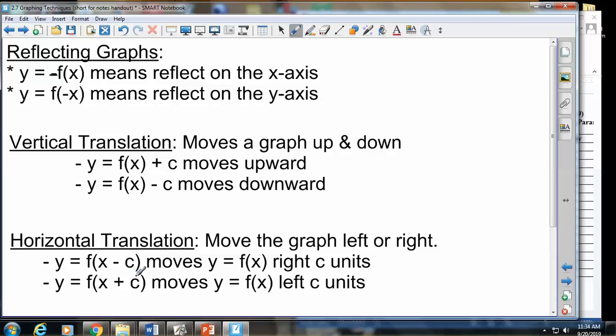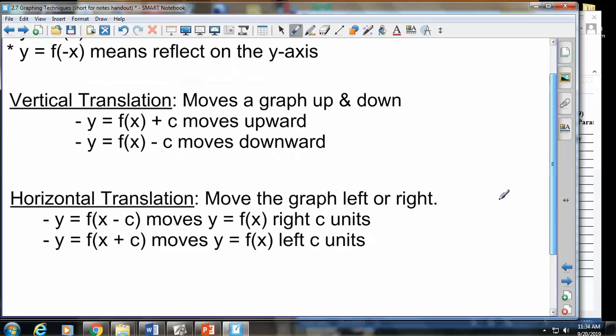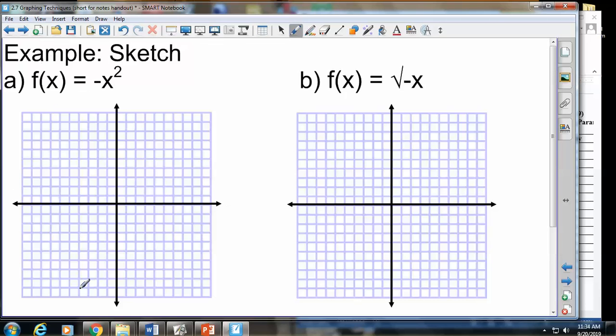A negative on the inside makes your x's negative, which would flip it over the y-axis. If you add and subtract on the end, that's y, so it does what you think. Adding moves up, subtracting moves down. If you add and subtract on the inside, subtracting actually moves you to the right in the positive direction, adding moves you to the left in the negative direction.